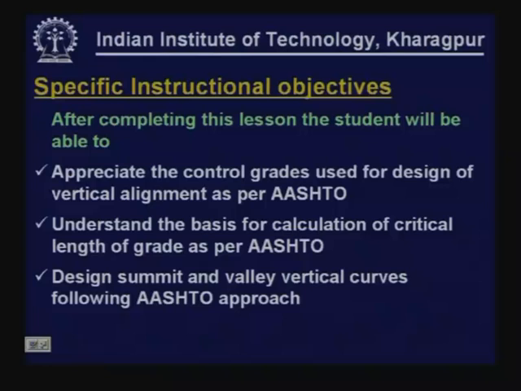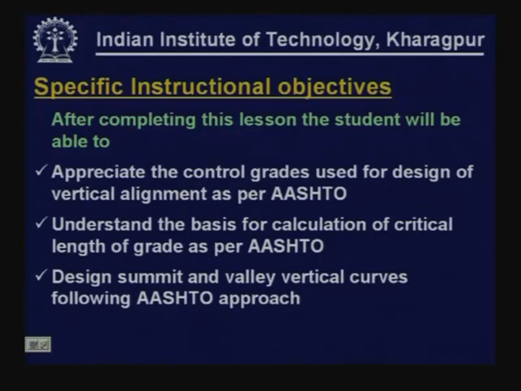After completing today's lesson, the student will be able to appreciate the control grades used for design of vertical alignment as per AASHTO, American Association of State Highway and Transportation Officials.